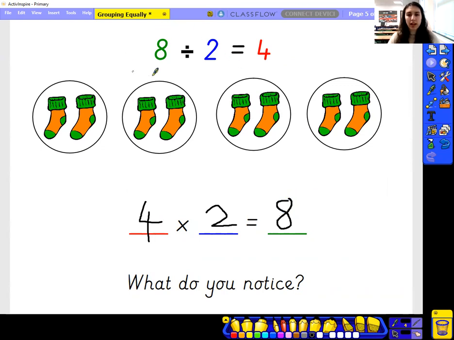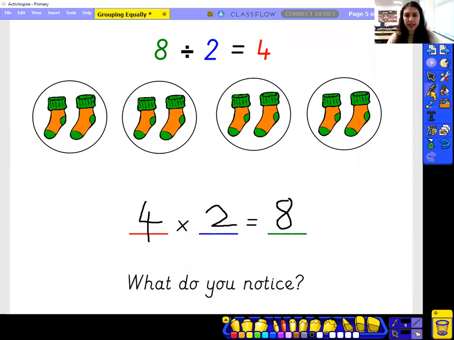And today we're learning about how to write that as a division. So instead of having 4 groups of 2 giving us the total, we're starting with the total, we are grouping them up into 2s, and that is telling us how many groups we can make. What do you notice about our multiplication equation and our division equation?